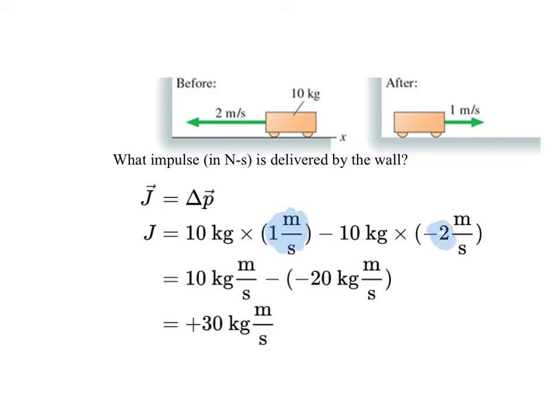We were moving leftward at the start, so it was a minus sign, but then we get this minus sign from the delta. So we really end up having 10 minus negative 20, or 30 kilogram meters per second, which, by the way, is 30 newton seconds, since those are the same thing.